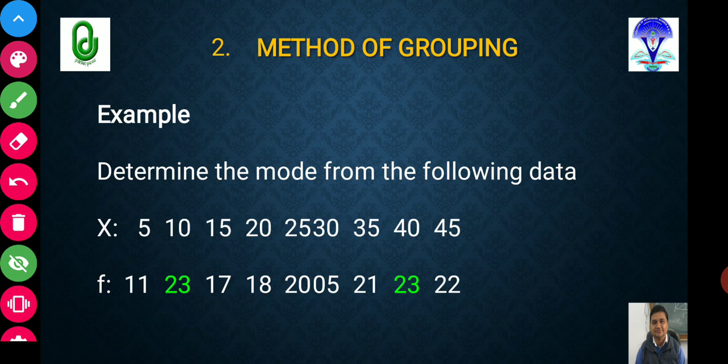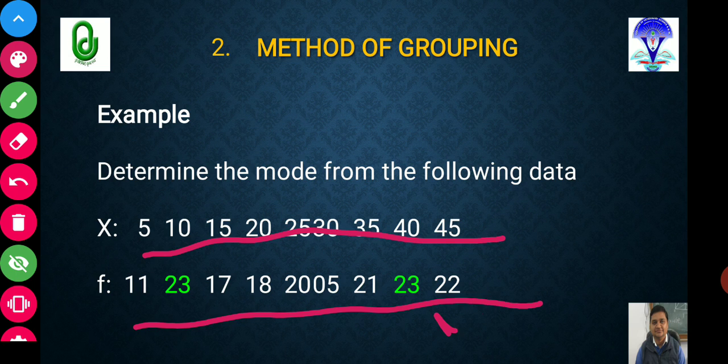So the second and important method is the method of grouping. Just look at this data: determine the mode from the following data. This is the x value of the data, and this is the corresponding frequency.